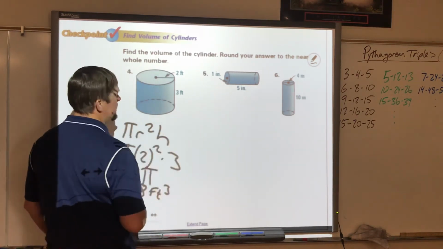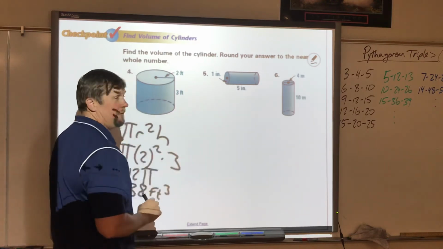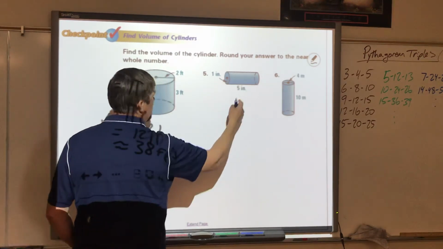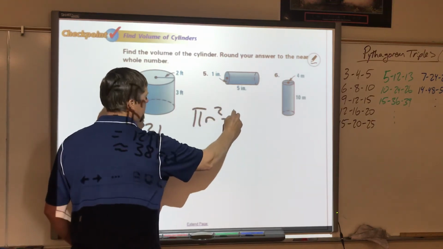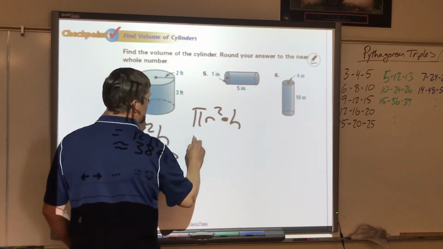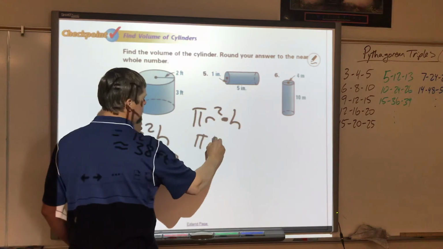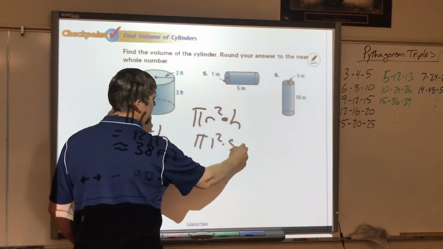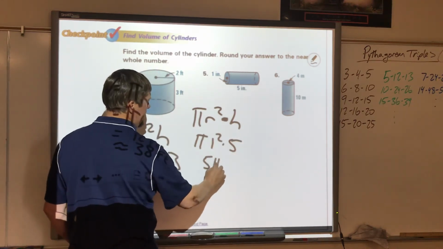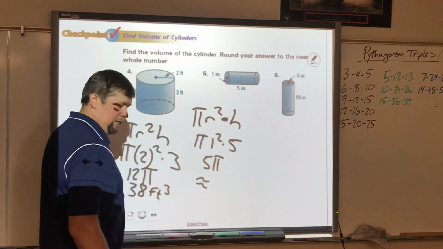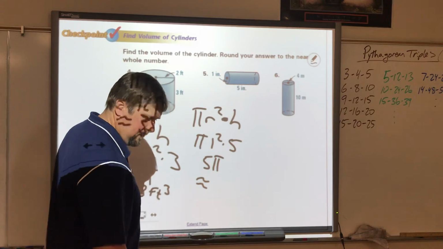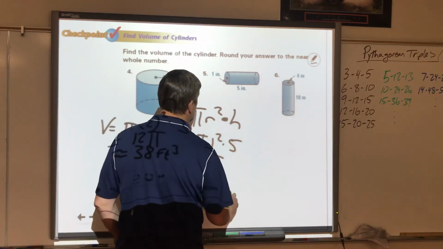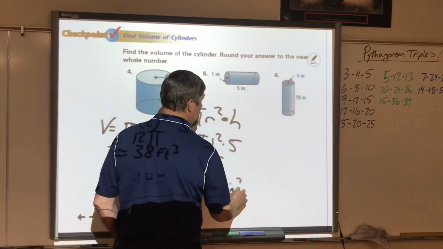This one, the radius is 1, the height is 5, because the height is the distance between the two bases. So pi r squared h is pi times 1 squared times 5. So that's 5 pi, or approximately 15.7 or 16 inches cubed.